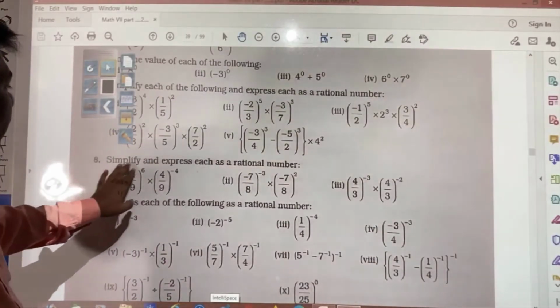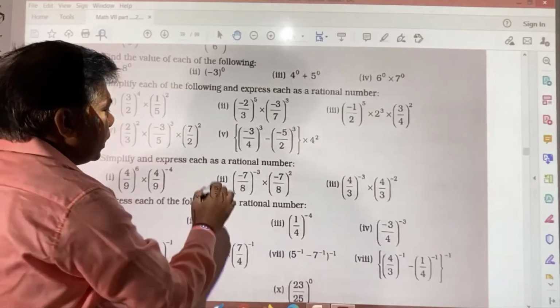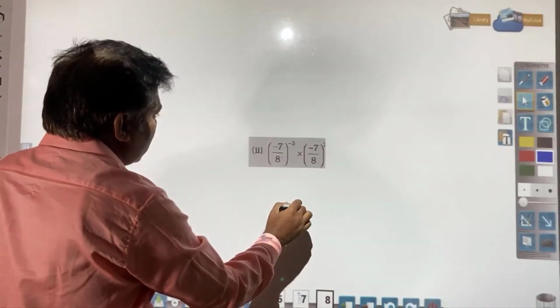Next you see, simplify and express each as a rational number. Here you see we will take this question.